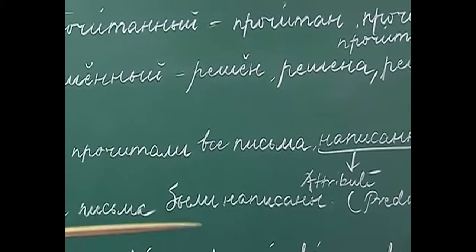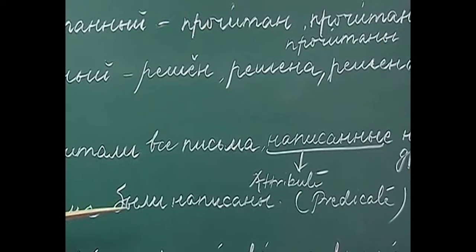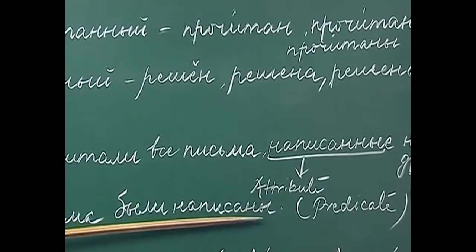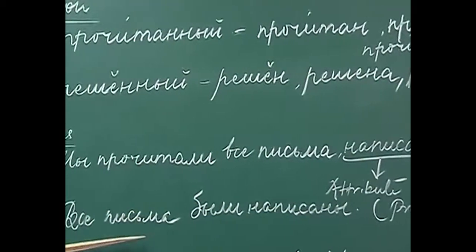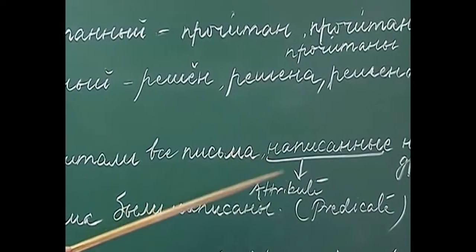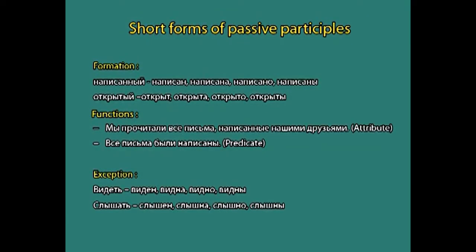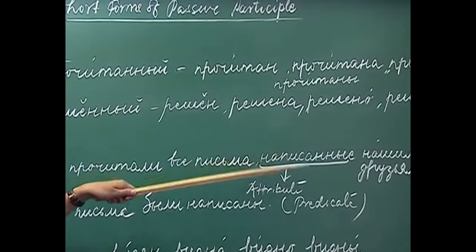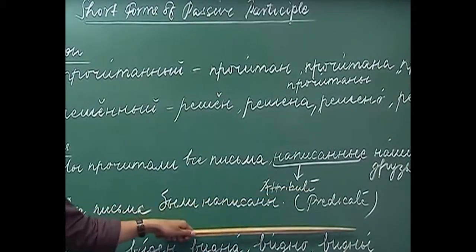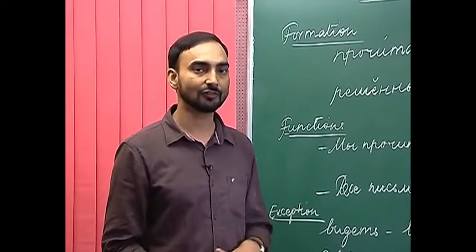Now, let us move on to the next sentence. Se pisma bali napisanni. So, all the letters were written, but here when we use the short form, it is not qualifying any noun, but it is functioning as a predicate. So, this is the difference between the grammatical functions they perform. Full forms of passive participles function as attributes, whereas the short forms function as predicates. So, this was about the functions of short forms and full forms.